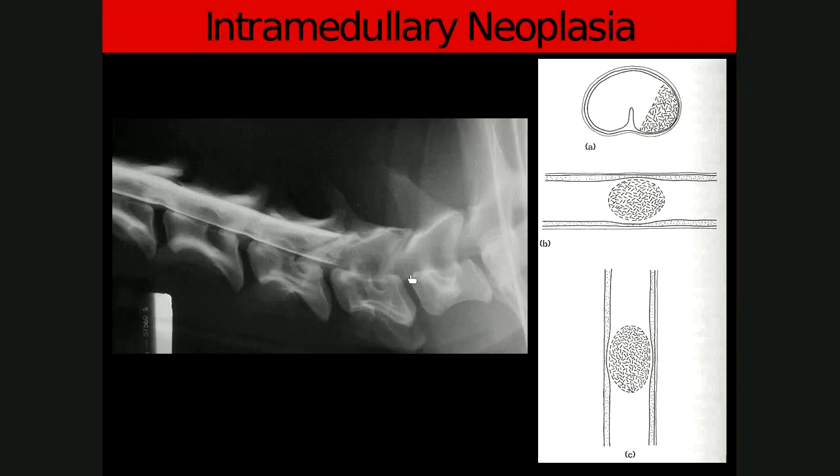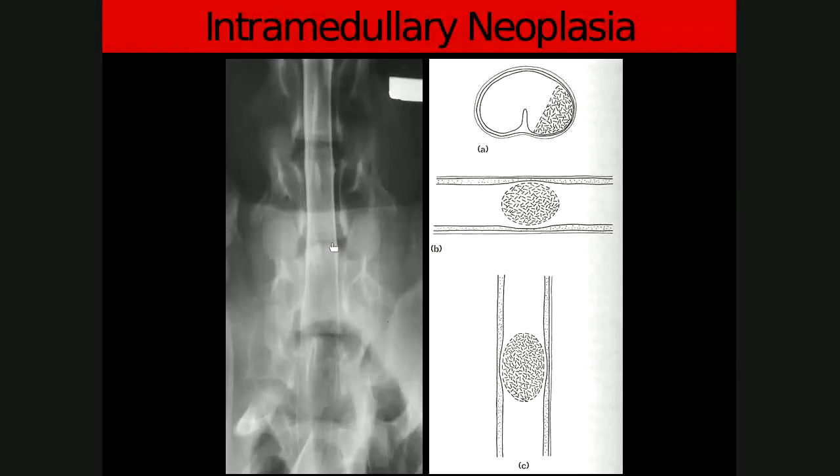And one gets the impression of spinal cord swelling here. On the orthogonal view, it actually shows it much nicer. The lateral contrast columns here are very thin. They bulge outwards. On the opposite lateral side, also very thin, bulging outwards, compared to the normal contrast columns seen more cranially here. So this is typical of intramedullary neoplasia.